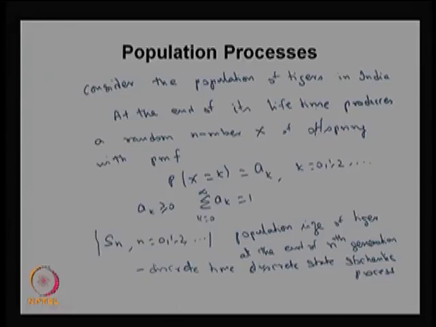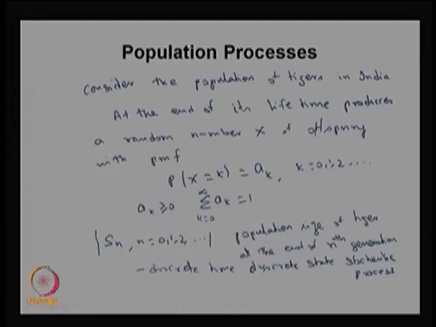I am going to make the assumption that at the end of its lifetime, each tiger produces a random number X of offspring with the probability mass function, the probability that X takes the value k is a_k, where the a_k are greater than or equal to 0 and the summation is 1.